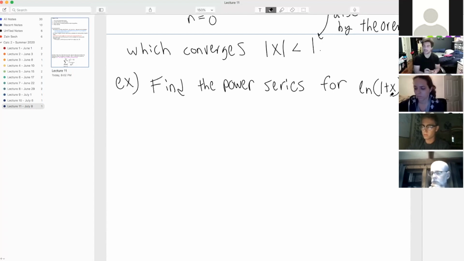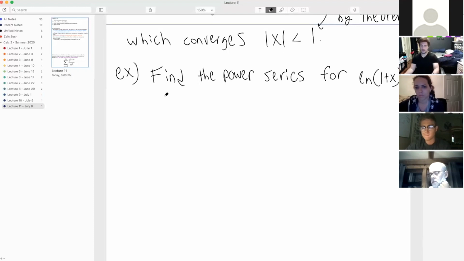That's really nice. Before, the first step was we wanted to realize our function as the derivative of something. Now we want to realize our function as the integral of something. That is not that bad.